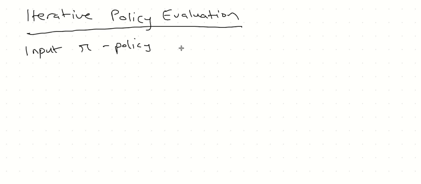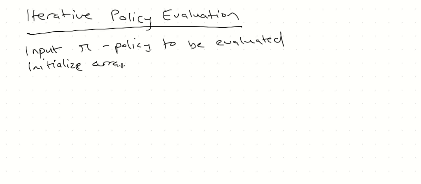So this is our policy to be evaluated. The first thing we need to do is initialize an array V(s), the value for all the states.